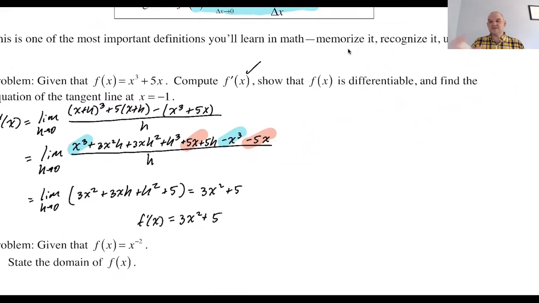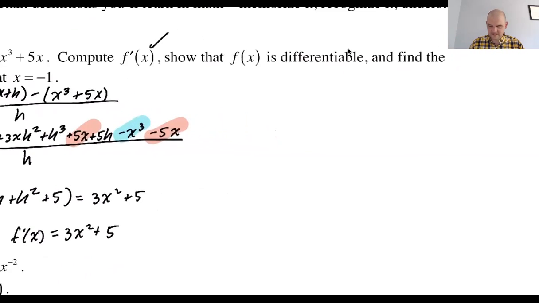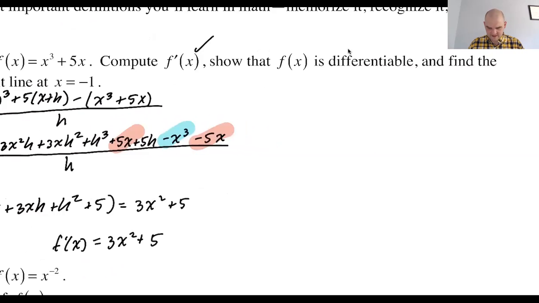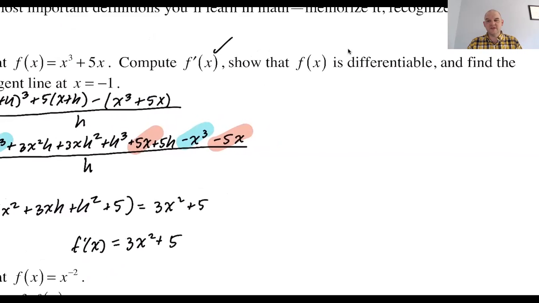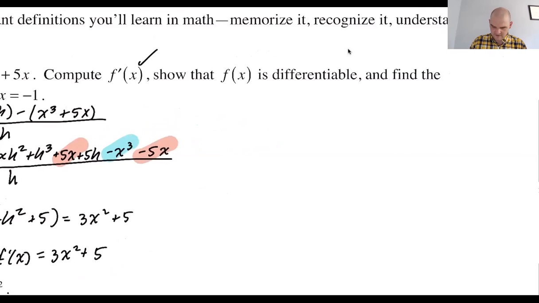Show that f of x is differentiable. All right, so what does it mean for a function to be differentiable? It means that at every point in the domain of f of x, f prime of x exists. Okay, so I'm going to need to know the domain of f of x. So f of x is a polynomial, which means its domain is all reals. So let's start with that.